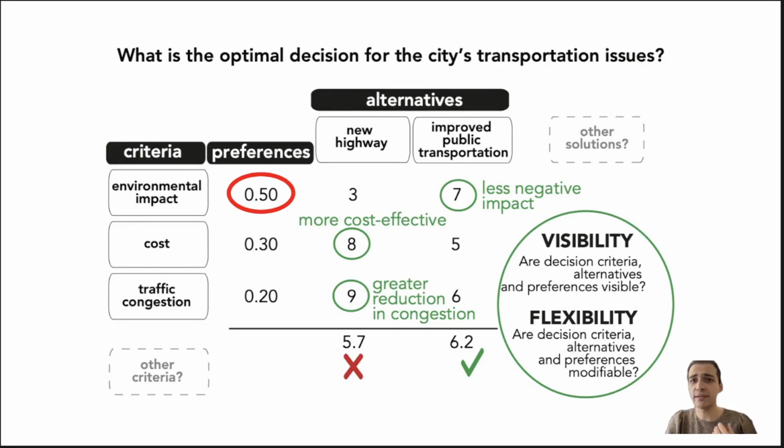Yet, the city planner can emphasize some criteria over the others. For example, in this figure, you can see that the city planner preferred the environmental impact more over the other criteria. After the clarification of alternatives, criteria, and preferences, let's continue how we defined flexibility and visibility.